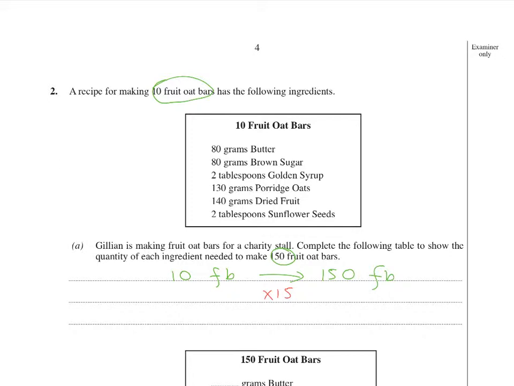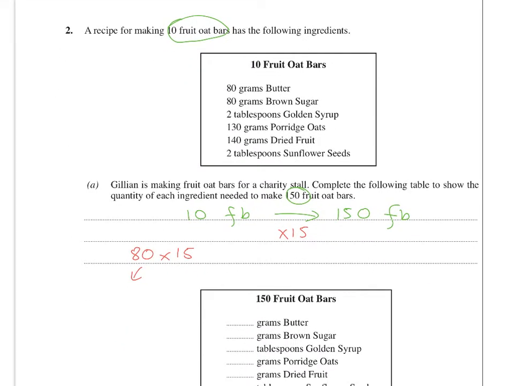Now, some of those will be easier than others. For instance, I don't expect you to know off the top of your head what 80 times 15 is. So what we would look at doing instead is splitting up the 15, so 80 times 10 and 80 times 5. 80 times 10 is 800. 80 times 5 is obviously half of 80 times 10, so it would be 400.